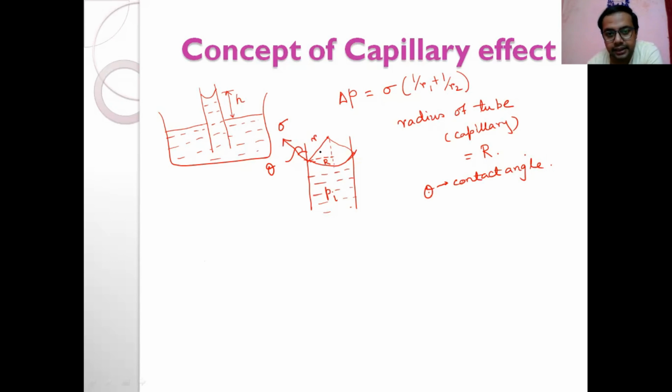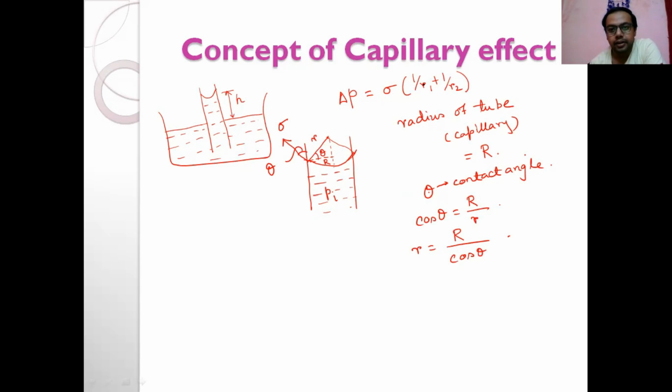So this is also theta. So cos theta will give you capital R by small r. So small r will give you R by cos theta.